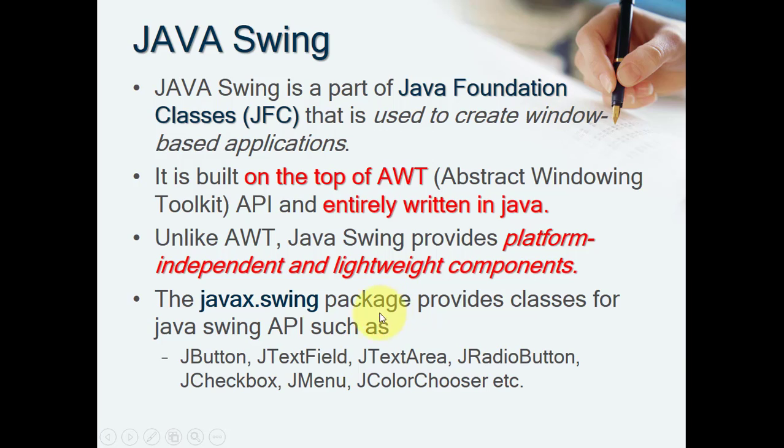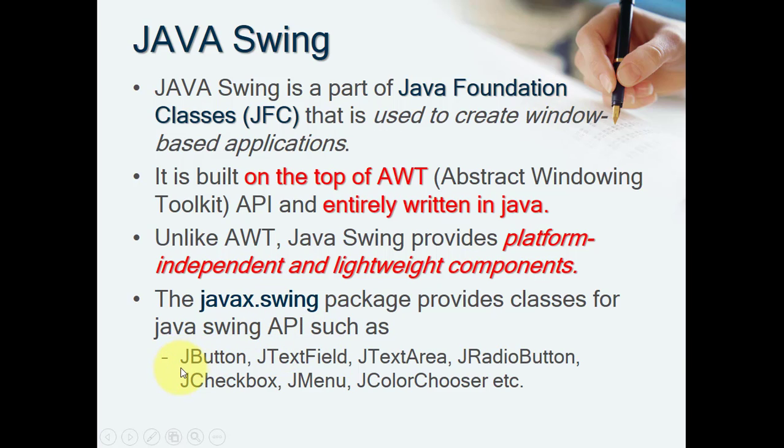And in the Swing API we have JButton, JTextField, JTextArea, JRadioButton, JCheckBox, JMenu, and here the naming convention is a little bit changed. Only the J alphabet is added before each and every class. Button and JButton are two different classes. The Button class is available in the java.awt package, and the JButton class is available in the javax.swing package.